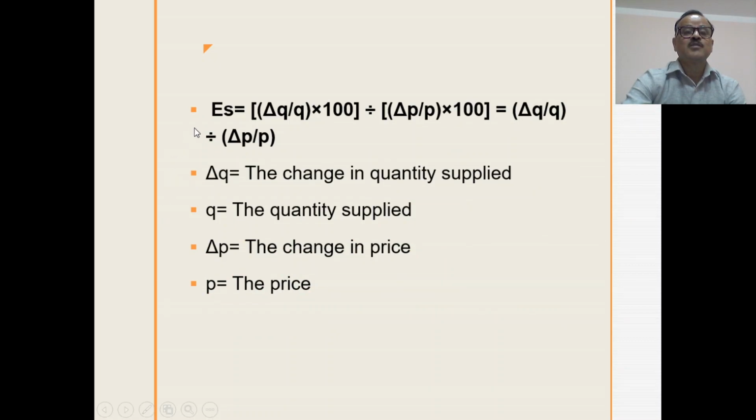Here, symbolically we can write elasticity of supply is equal to percentage change in quantity supplied by percentage change in price, which is equal to ΔQ/Q × 100 divided by ΔP/P × 100, that is, (ΔQ/Q) divided by (ΔP/P). Here is the notation. You can read from here.